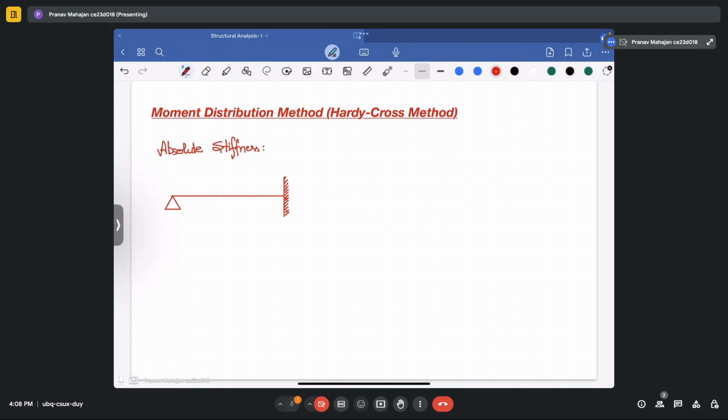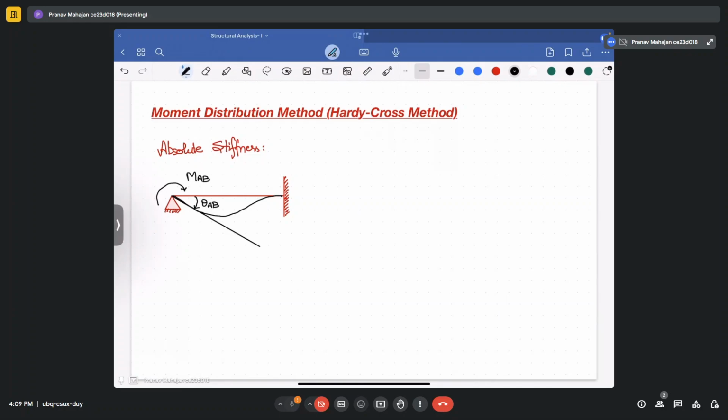This is a prop cantilever. In this, the deflection will occur like this. It means there is a moment occurring at this point in clockwise direction, that is MAB, and the slope here is theta AB.